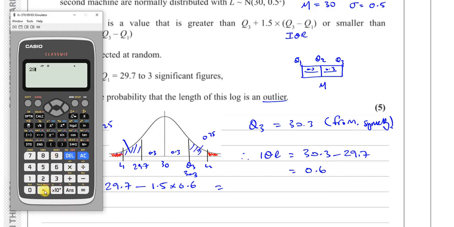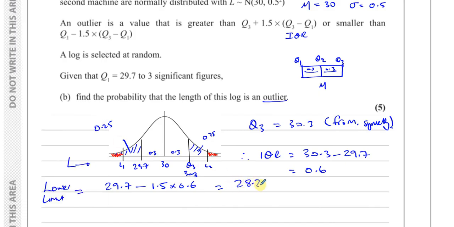You have 29.7 minus 1.5. I think I put 0.5 times 0.6. Be careful here. 29.7 minus 1.5 times 0.6. That looks better. Yeah, that's better: 28.8. Sorry about that. So that's 28.8 in terms of the L value.